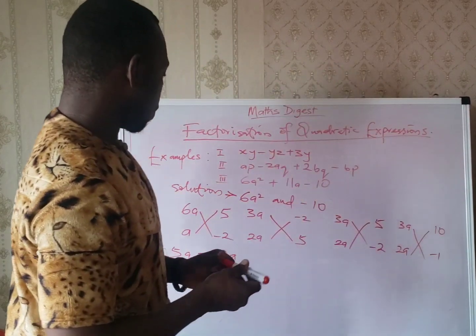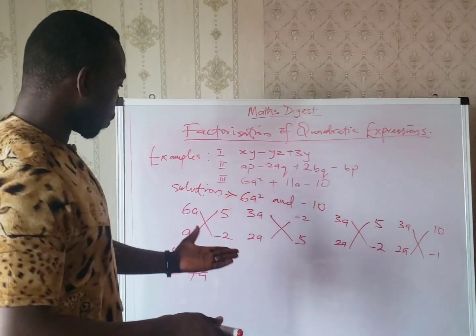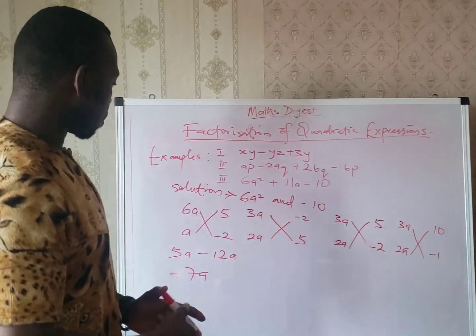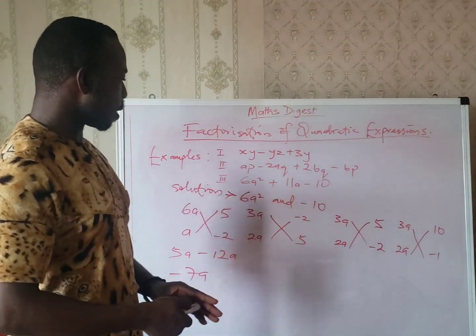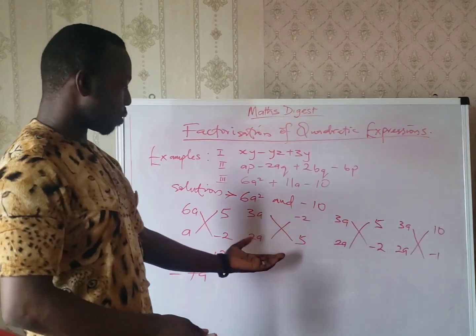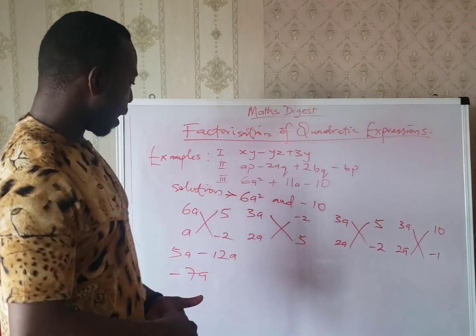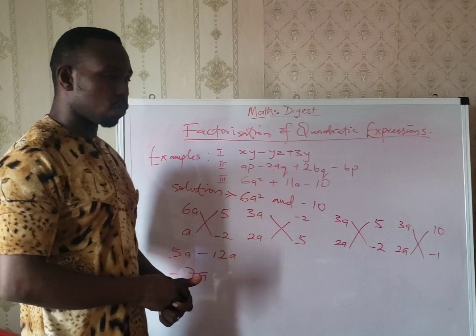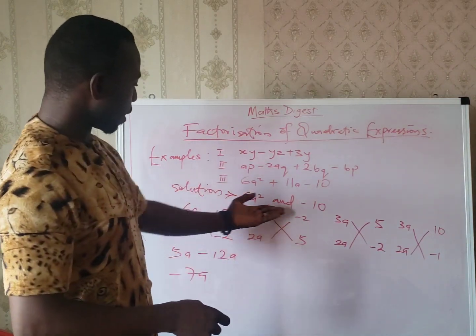So with all this, when we are done with all of them, any one that gives us the middle term, 11a, will serve as the combination we are going to use to further solve this.